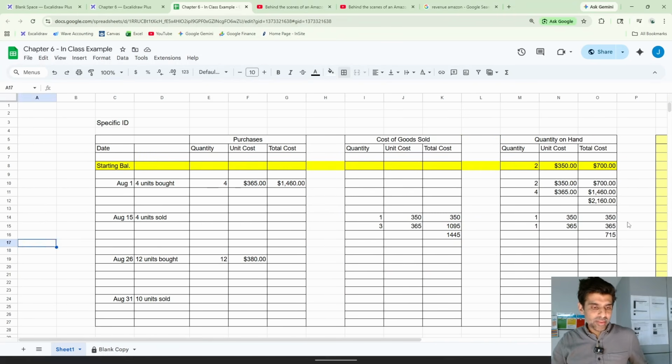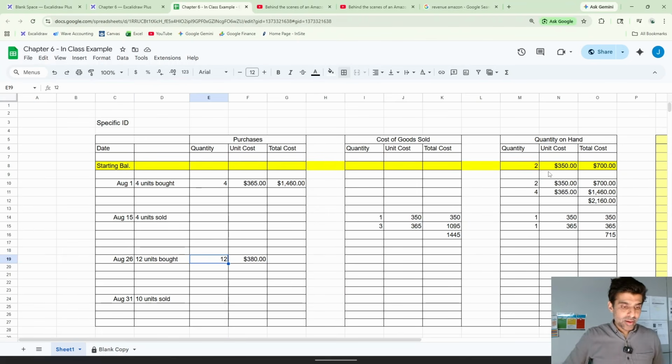So again, this table here is just more detail of my inventory, broken out by units and unit price. The totals will reconcile with my T account because I'm tracking just like the totals in the T account. So they should always be matching up.